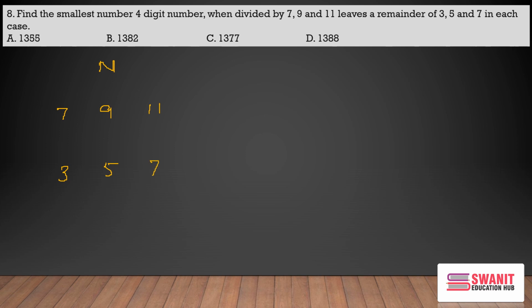Now if you look at the pattern, 7 minus 3 gives me 4. Similarly, 9 minus 5 gives me 4 and 11 minus 7 gives me 4. Which means my answer can be straight away the LCM of 7, 9 and 11 minus 4.